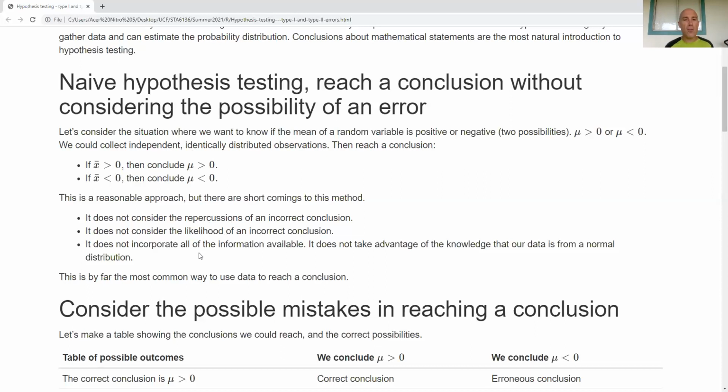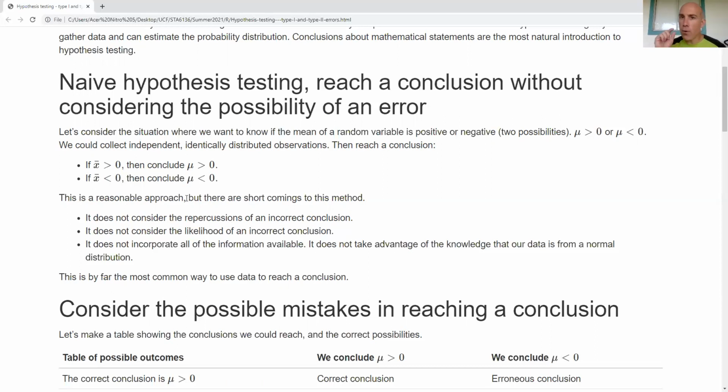I didn't take advantage of that knowledge. If I have knowledge that I didn't take advantage of, then I'm not making the most completely informed decision possible. So I want to pull in knowledge about the probability distribution to get a more complete point of view. So there are three shortcomings of the naive hypothesis testing approach.